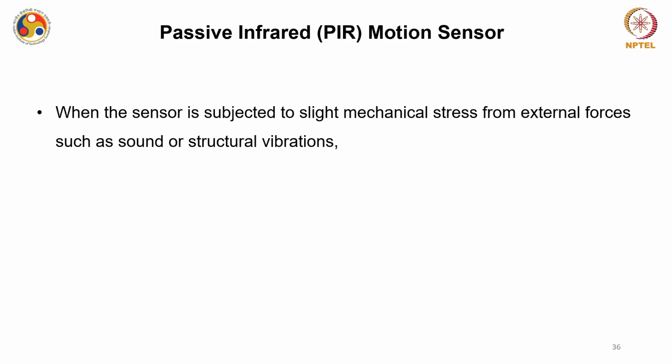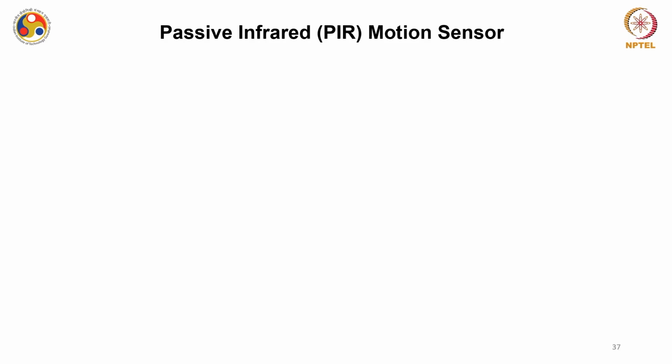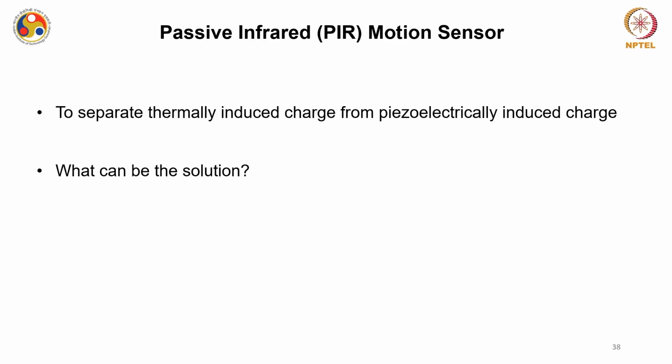When the sensor is subjected to a slight mechanical stress from some external force, say due to sound or structural vibration, electric charges can be generated. Since this is a piezoelectric phenomenon, it is very difficult to segregate which charge has been generated by the vibration and which by the heat waves.